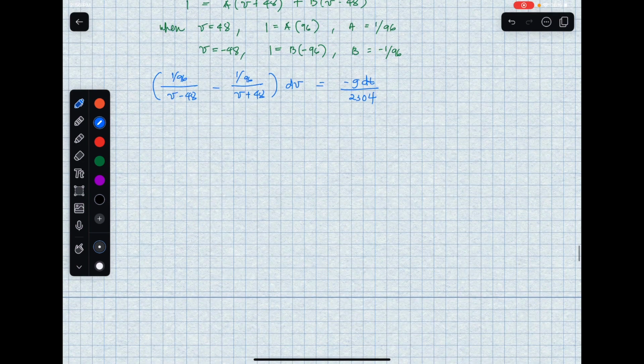So this will become 1 over 96 ln of v minus 48, minus 1 over 96 times ln of v plus 48, is equal to negative gt all over 2304 plus c.